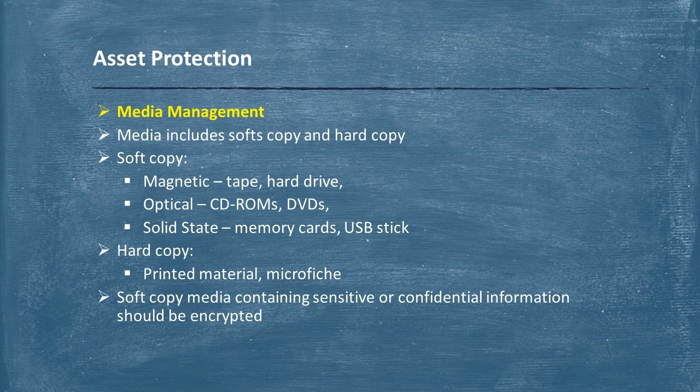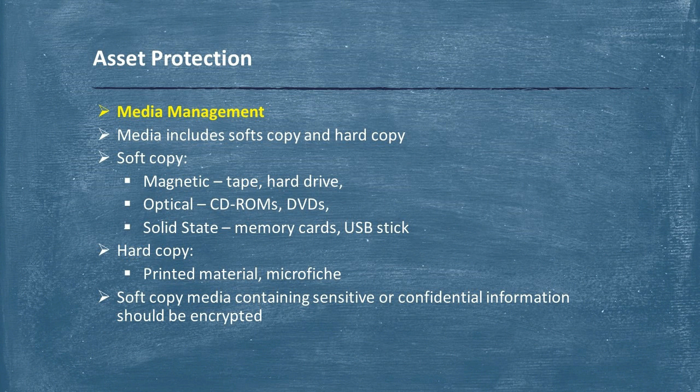Then comes the media. We first saw the facilities and how to protect the facility, then the hardware. Now let us take a look at the media management. Media includes soft copy and hard copy. Soft copies are magnetic tapes, hard drives, optical drives like CD-ROM, DVD, solid-state discs, memory cards, USB sticks.